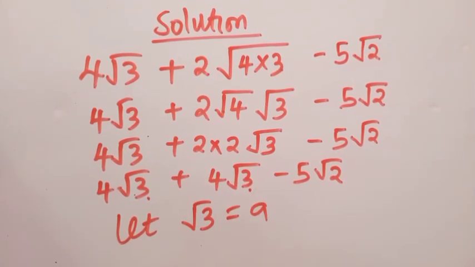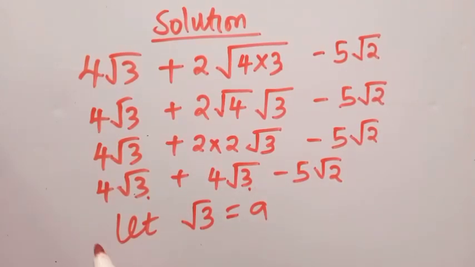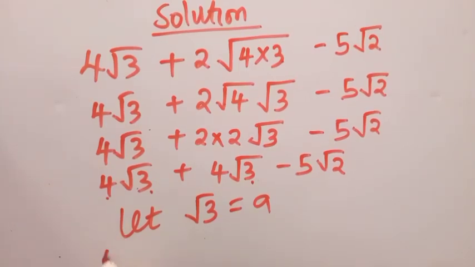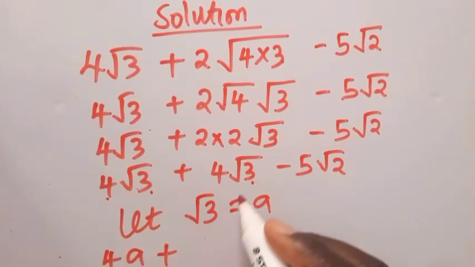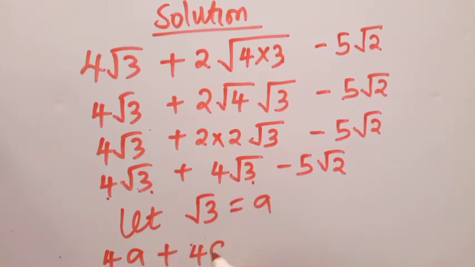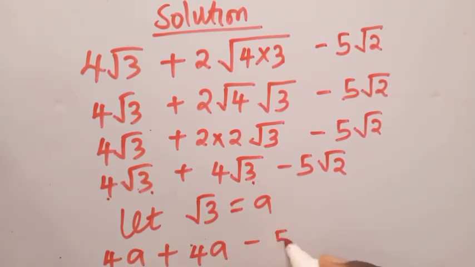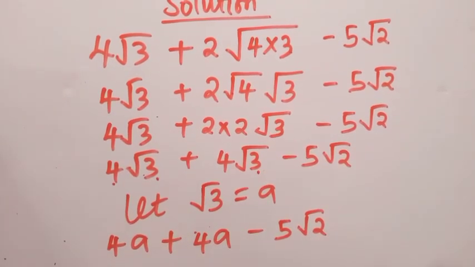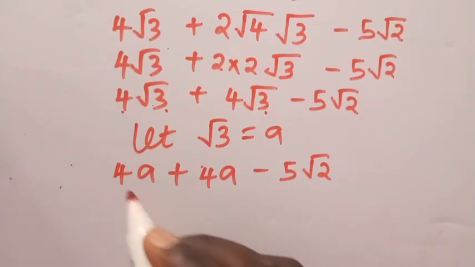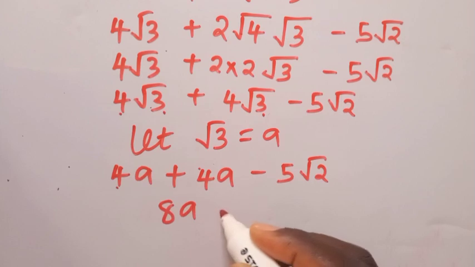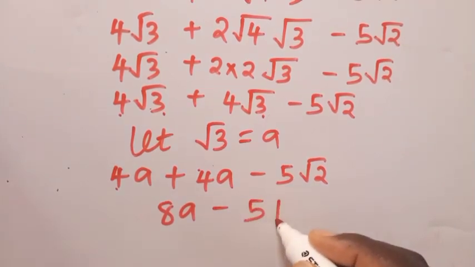And in this case, if we let root 3 be a, then we shall have 4 times a, which is 4a, then plus 4 times root 3 is 4 times a, which is 4a, then minus 5 root 2. And in this case, 4a plus 4a is 8a, then minus 5 root 2.